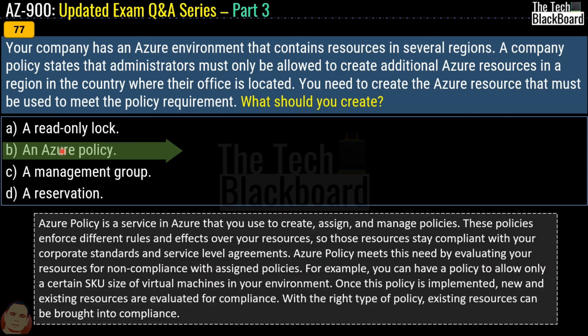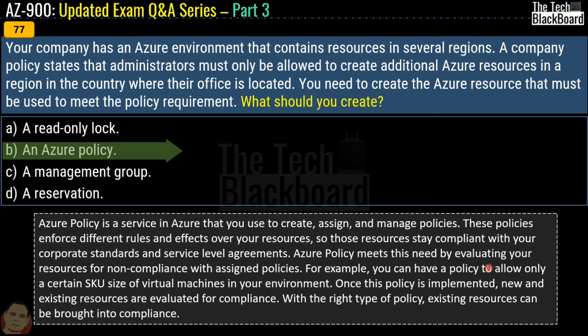Now let me give you a little more detail on Azure Policy. Azure Policy is a service in Azure that you use to create, assign and manage policies. These policies enforce different rules and effects over your resources so the resources stay compliant with your corporate standards and service level agreements. Azure Policy meets this need by evaluating your resources for non-compliance with assigned policies.